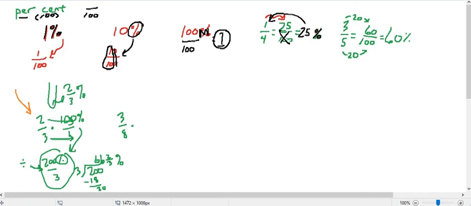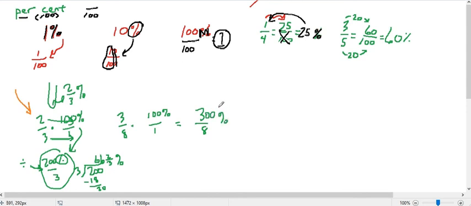3/8. Again, doesn't go into 100 evenly. So we times by 100 percent on top, 1 on the bottom. So the bottom is 8. The top is 300. We don't want to leave it there.